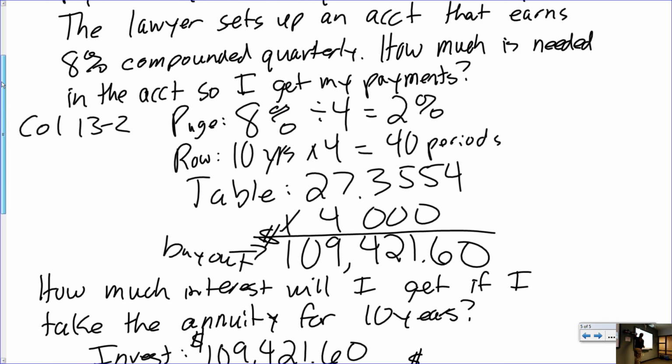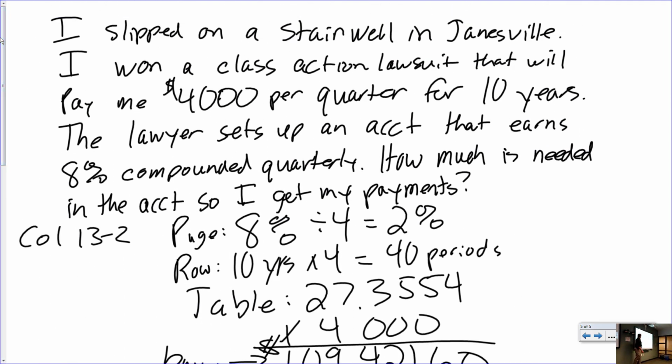So for the first 3 months, it's going to earn 8% interest. At the end of that 3 months, what do I get? $4,000. What happens the next 3 months? Same thing. The money that's left in the account earns a bunch of interest. I collect another $4,000. And so what happens is that the principal slowly diminishes over time, because in the very first 2 or 3 years of this account, I'll earn almost as much interest as I get paid. Pretty close.